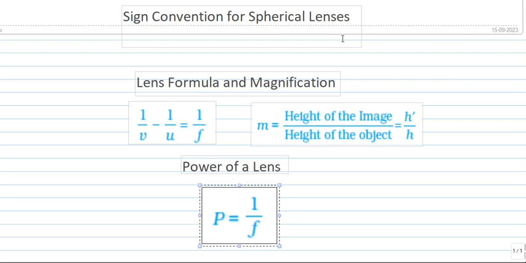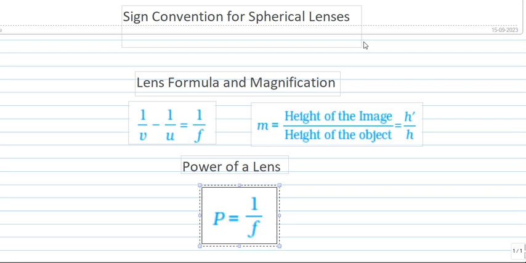Distance measured perpendicular to and above the principal axis is taken as positive, and distance measured perpendicular to and below the principal axis is taken as negative. These 5 points which we saw for spherical mirrors hold good for spherical lenses also.